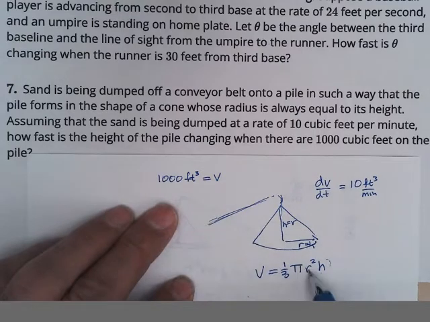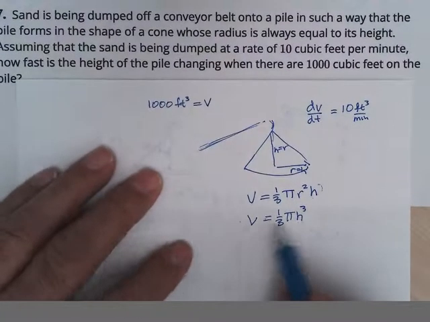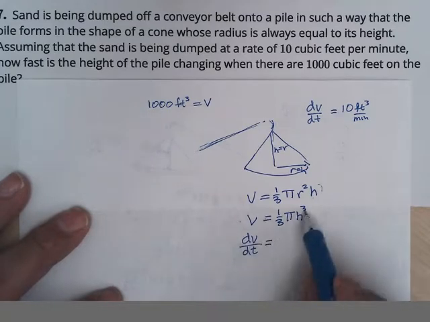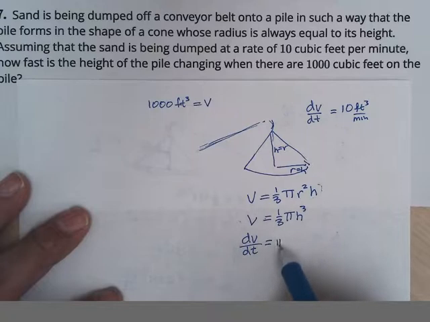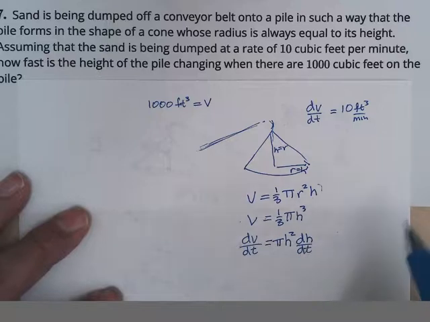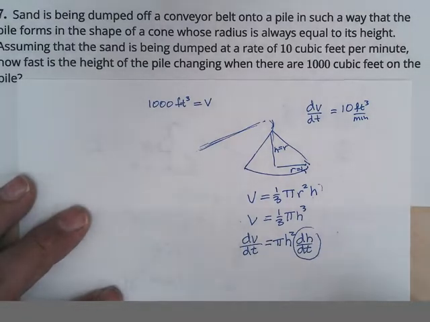Since r and h are the same, we can call this 1/3 pi h cubed the volume. Taking the derivative with respect to time, dV/dt would equal, 3 would come down and cancel, so it'd be pi h squared dh/dt, which is what they wanted to know, how fast the height is changing.